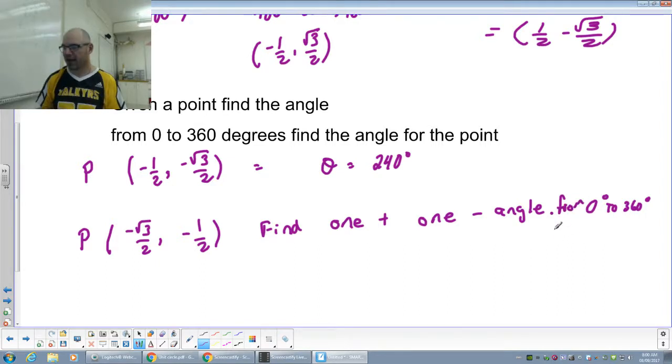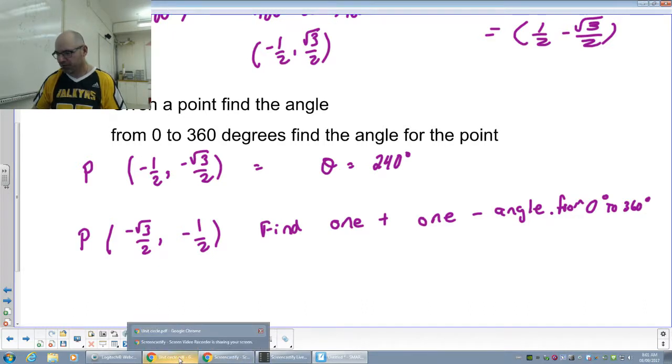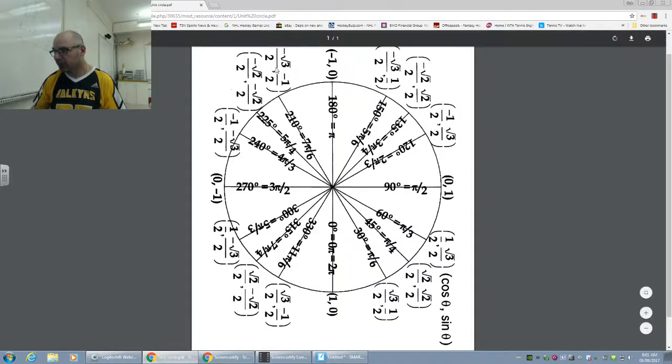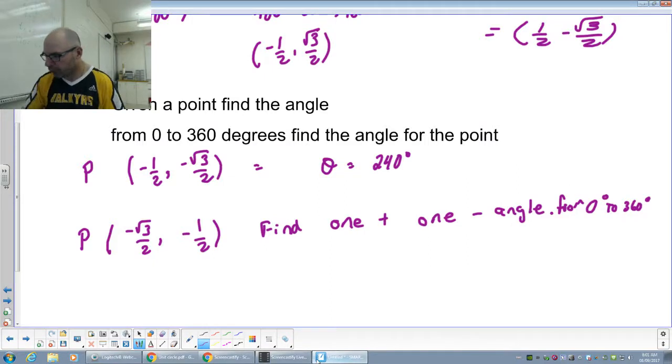Okay, so if they say that, you got to go on the unit circle and read the positive one and then figure out what the negative one would be. Both negative, root 3 over 2 and negative 1/2, so it's going to be in that third quadrant again. That's 210 degrees positive. So the first angle is theta equals 210 degrees.